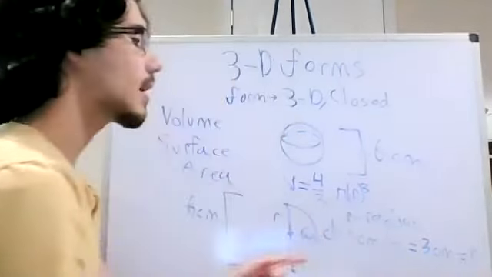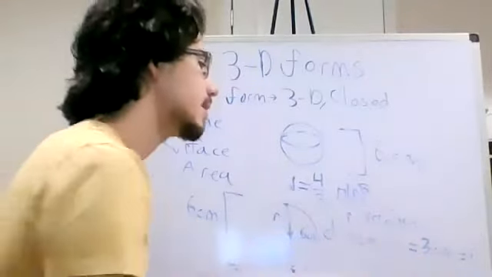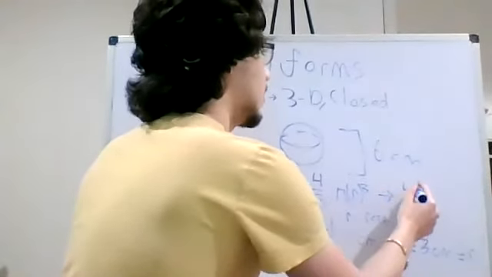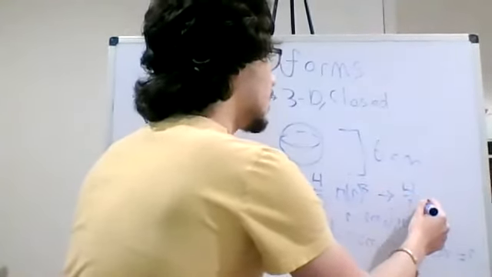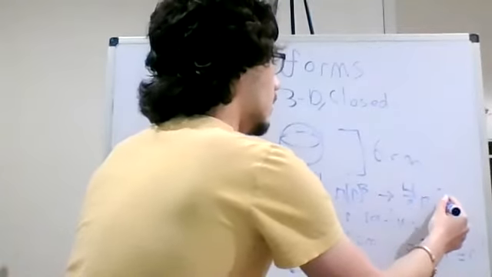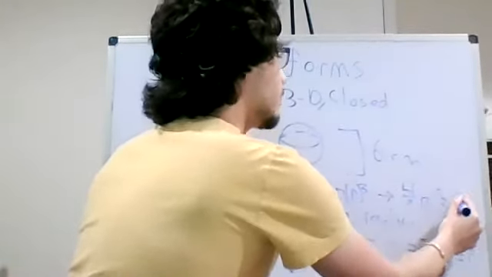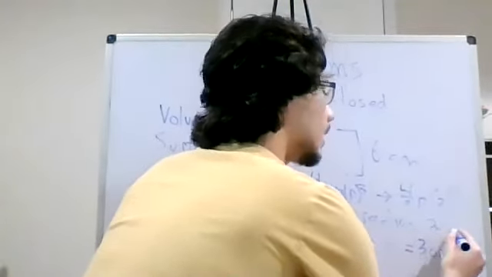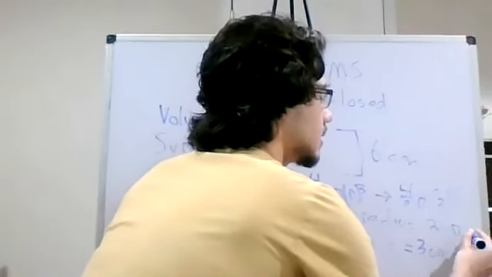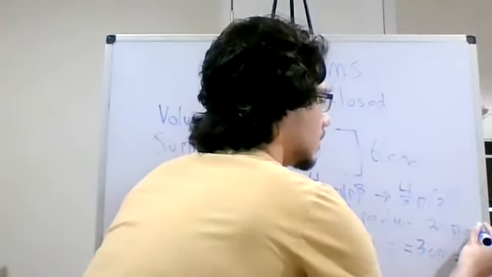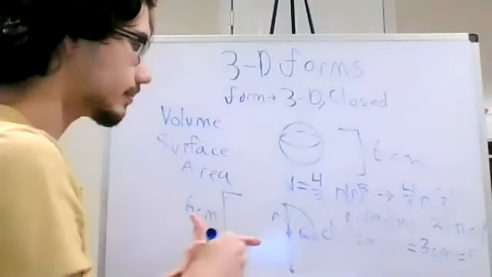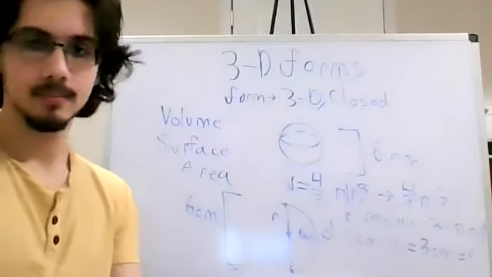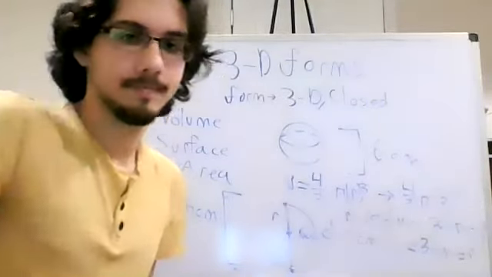And because we have our radius now, 3 centimeters, we just plug it into this equation and we can find our answer: 4/3 pi times 3 cubed, which comes out to 24 pi centimeters cubed. Does that make sense? Yes, sir, it makes sense now. Yes, sir.